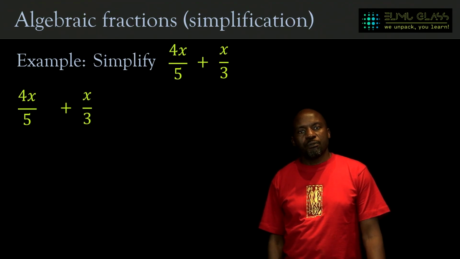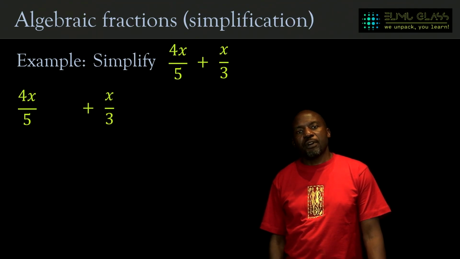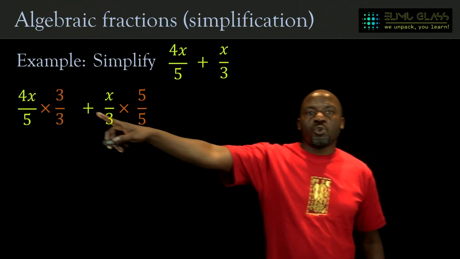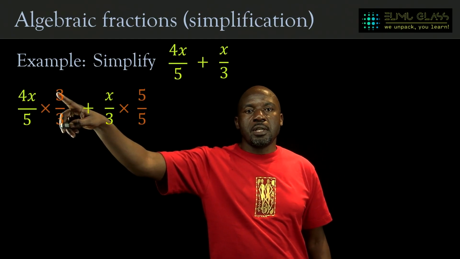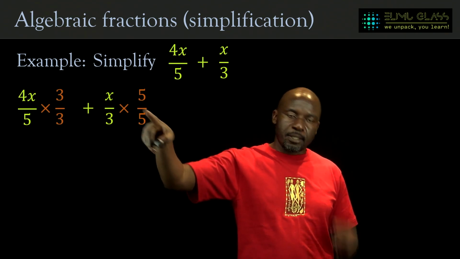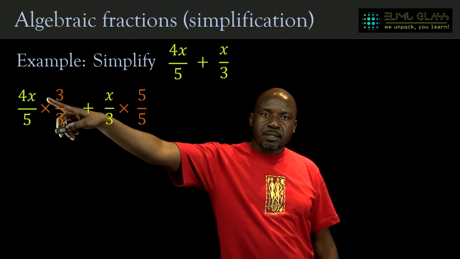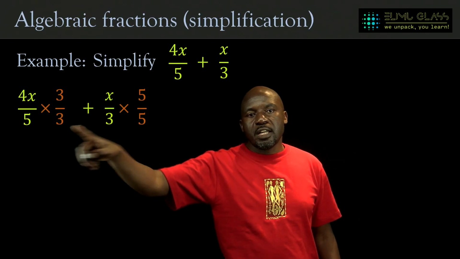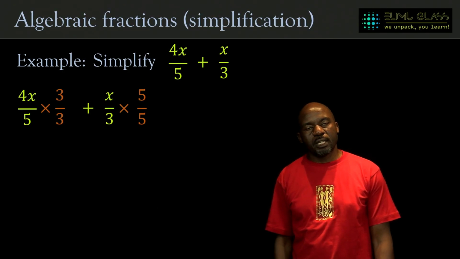The first one we multiply by 3 over 3 and the second one we multiply by 5 over 5 as we've learned before. And so now I have 12x, 4 times 3 is 12x, and this becomes 5x. So 12x plus 5x is 17x, and this is 15 and that is 15, so the common denominator is 15.